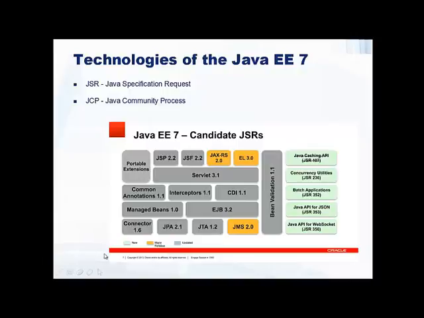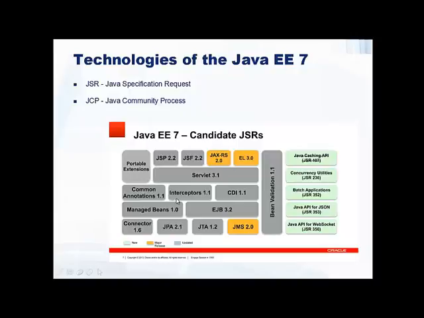Expression language is a specification that addresses the mechanism of binding the model with the view, and JAX-RS is the specification and technology that allows in Java to build RESTful web services and RESTful endpoints.